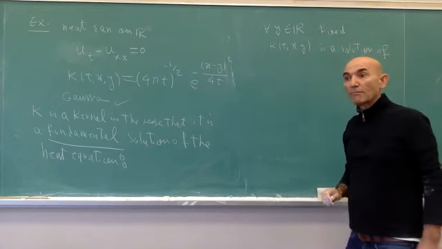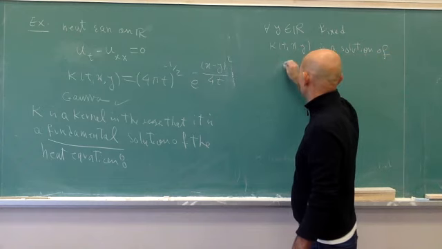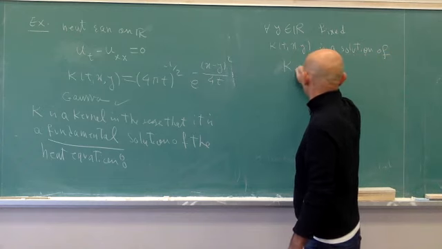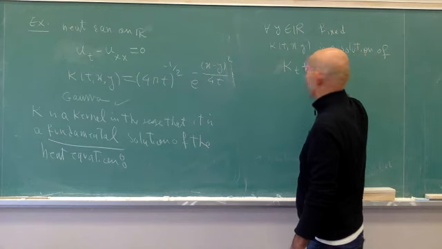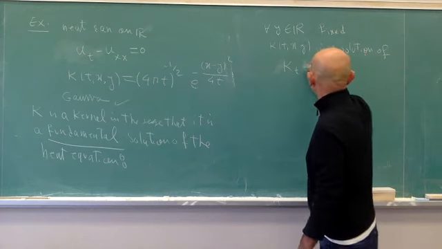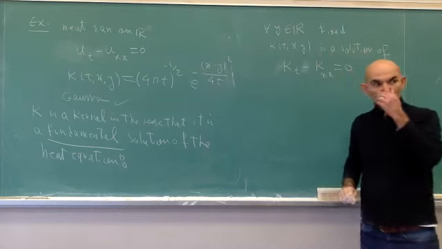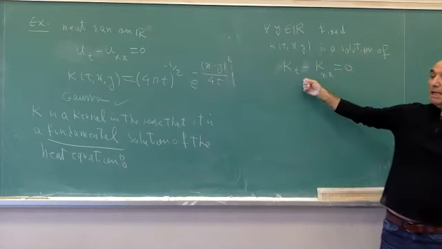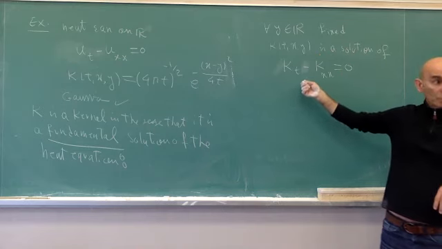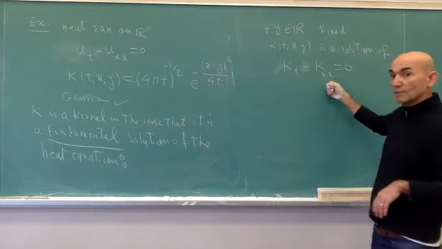The solution of this heat equation: d/dt minus the Laplacian of k(x,y) equals 0. So this is the calculation you have to do. That's very important. Please do this calculation. First of all, this solves it.